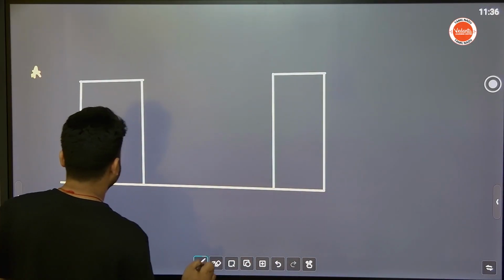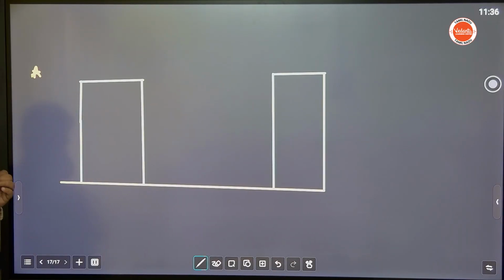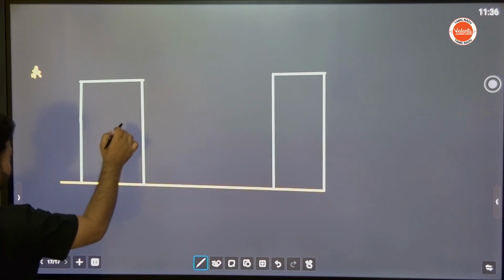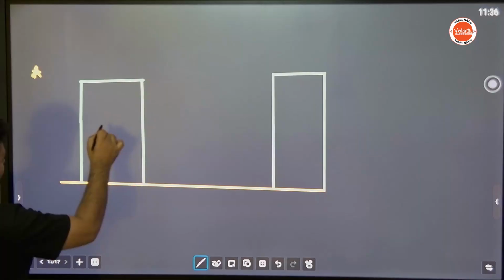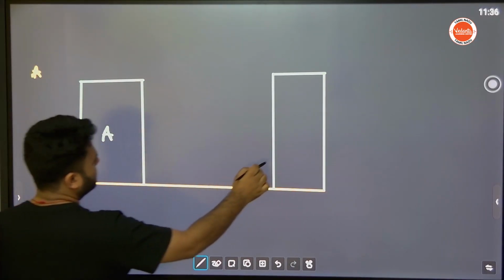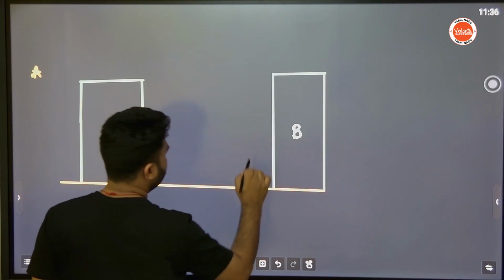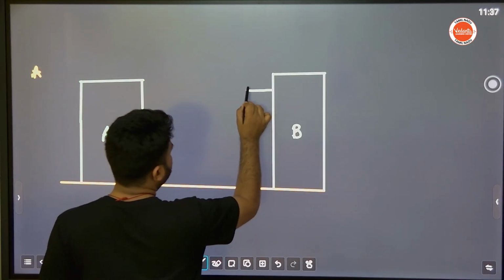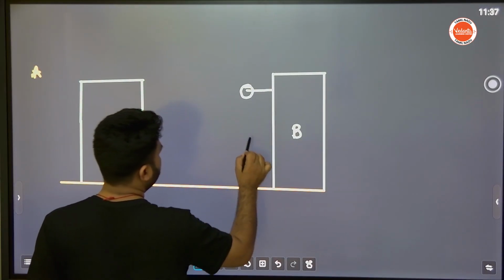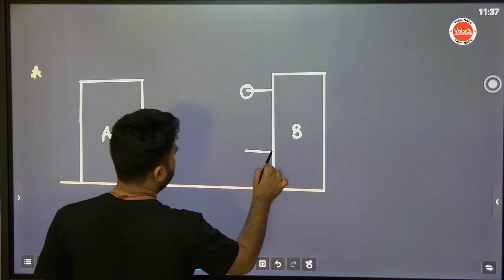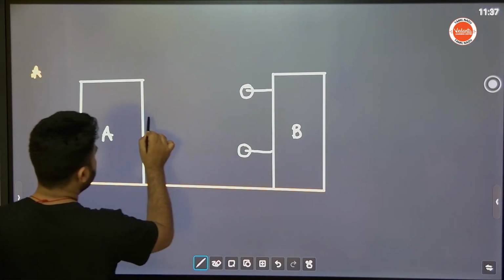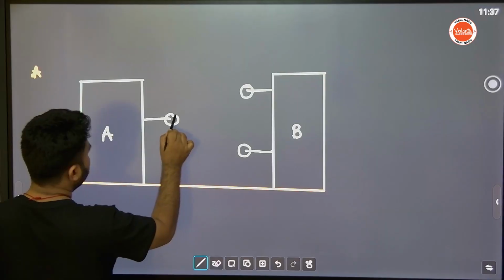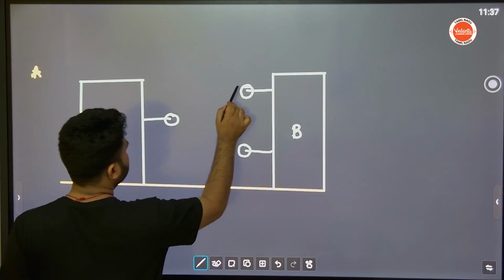So we have two masses, correct? Suppose this is object A, this is object B. Here we have pulleys like this. You see the arrangement?